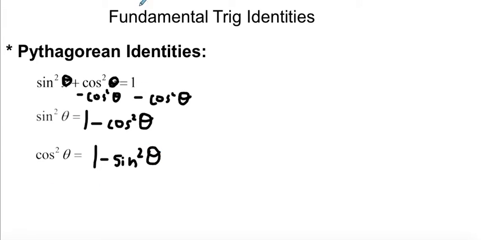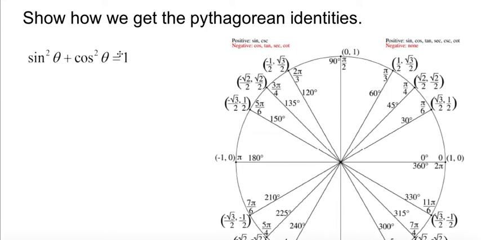Okay? So how did we get this Pythagorean identity of sine squared plus cosine squared equals 1?